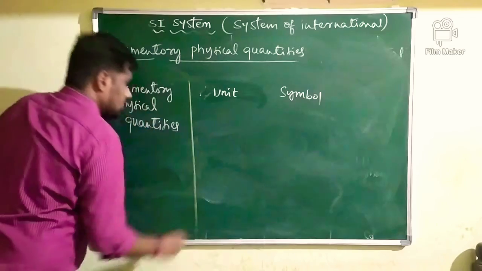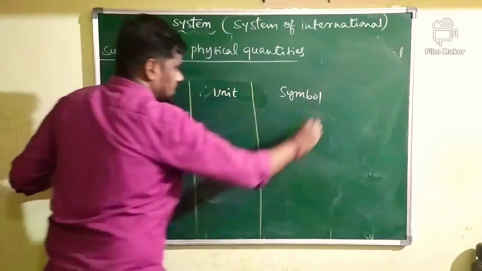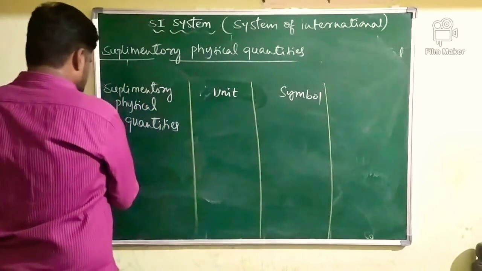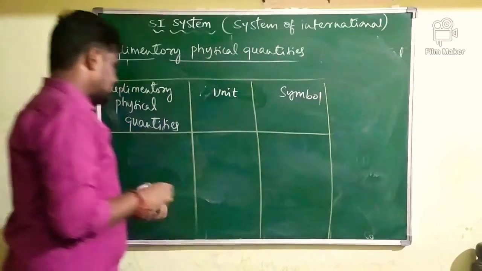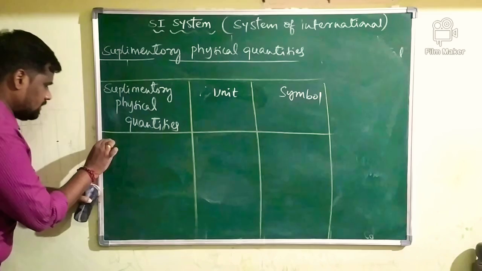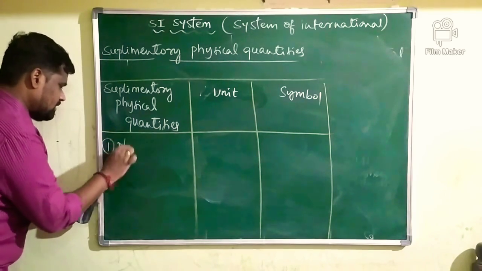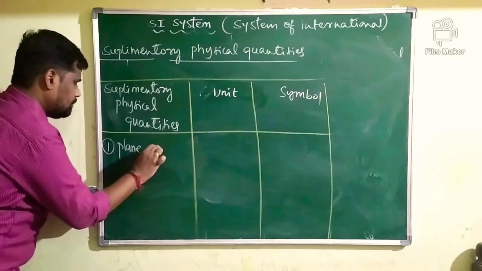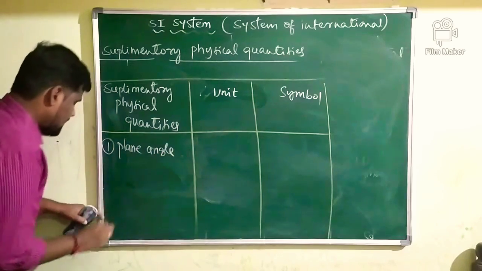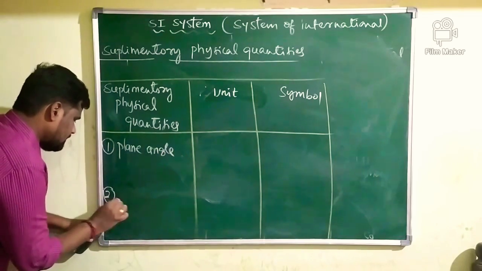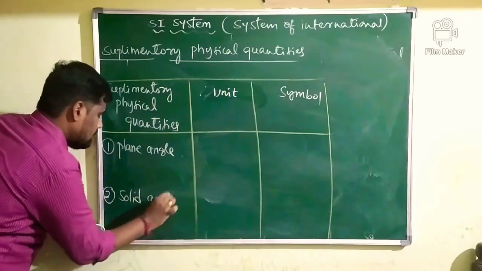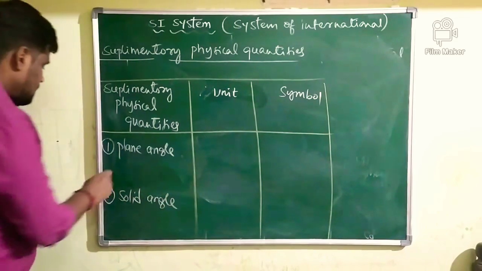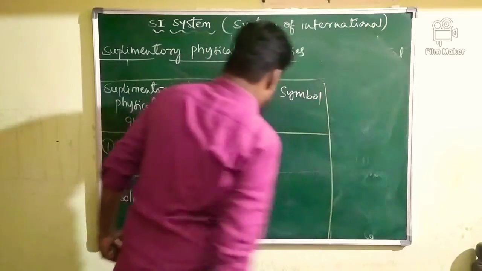Now what is the first supplementary physical quantity here? The first supplementary physical quantity is called plane angle, and the second is called solid angle.